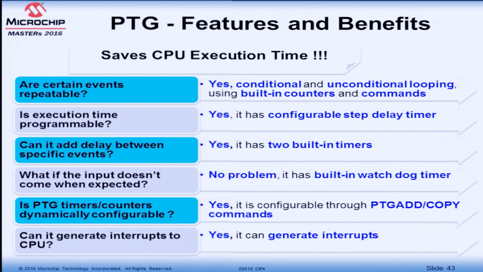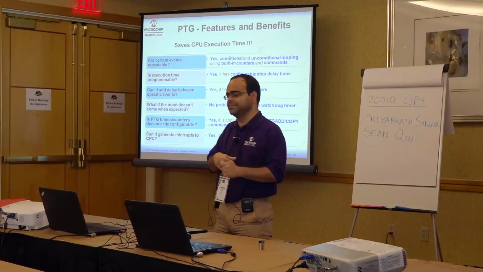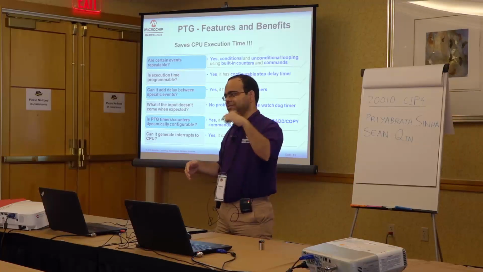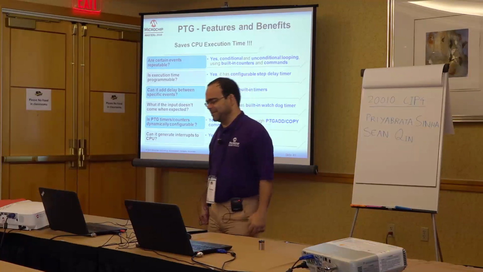Whenever it executes a step command that is waiting for a certain peripheral event or trigger, and that event does not occur within a specified time delay, the watchdog timer times out and it will disable the PTG module. It will not reset the device, it will just disable the PTG module, and I think it generates an interrupt also to the CPU. Then the CPU can later take corrective action or re-enable the PTG again.